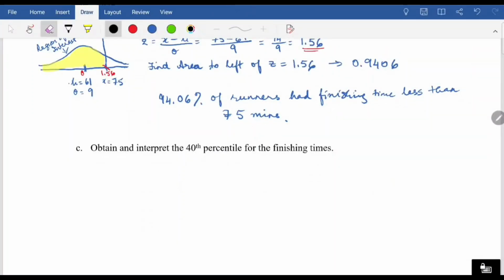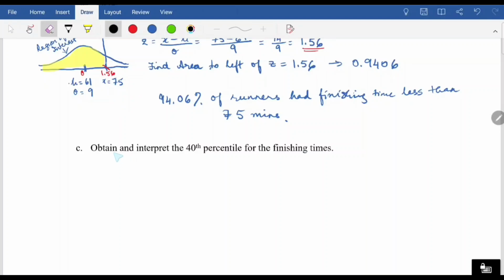Now, part C of the problem is slightly different from the other parts that we had worked on before. For this question, it says obtain and interpret the 40th percentile for the finishing times. In the previous question, they had given us the x values, the mean and the standard deviation, and they asked us to find what percentage of observations lie to the left of a certain x value, or between 2 values, and so on.